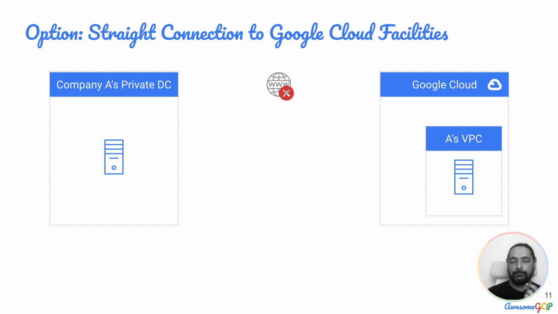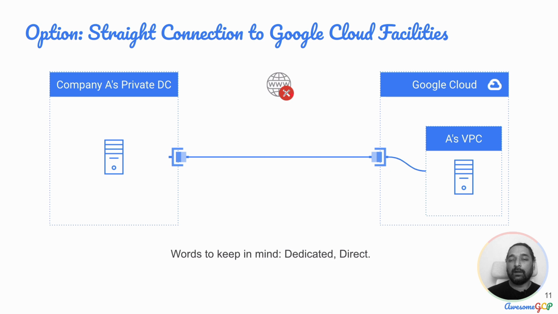The other option is to avoid the public internet entirely and draw a direct connection, right? An individual, personal, exclusive line between the two data centers, right? The private data center and Google Cloud. So if you're able to achieve that kind of a direct line, that would be wonderful, right? Because then you don't need to go over the public internet. But of course, what would be required for this?